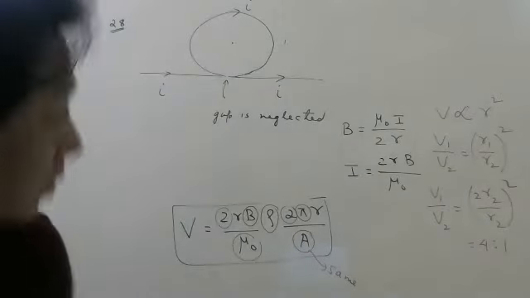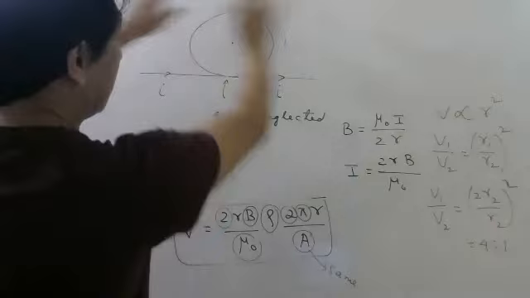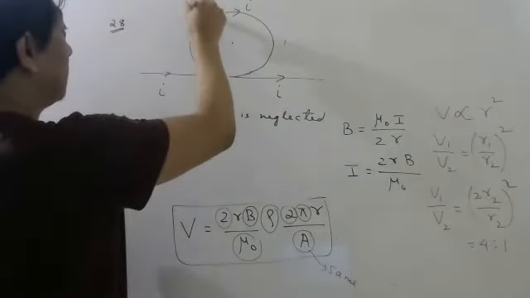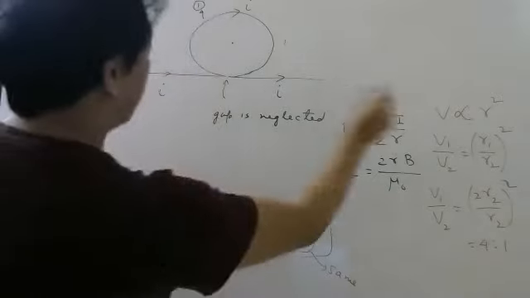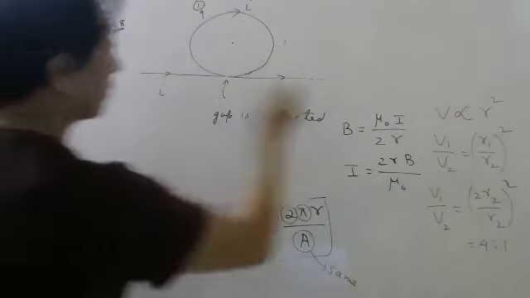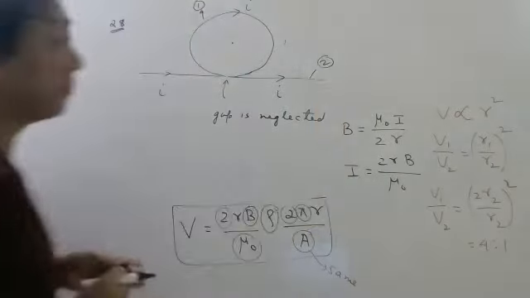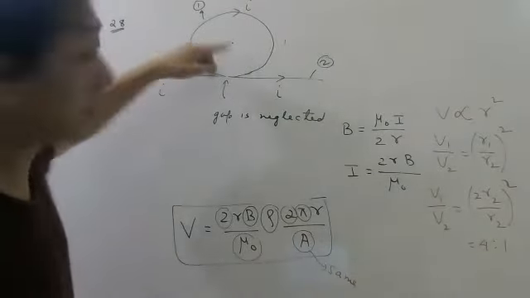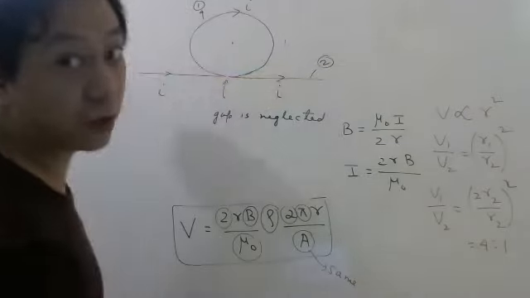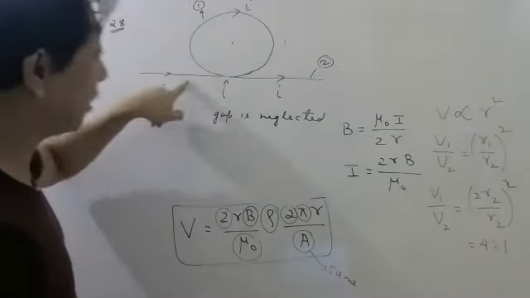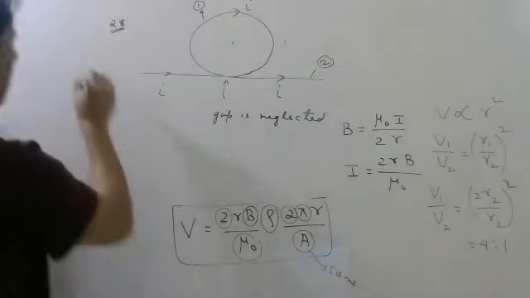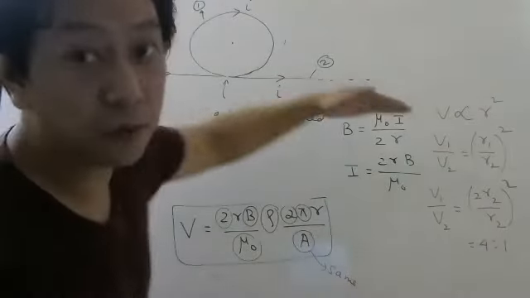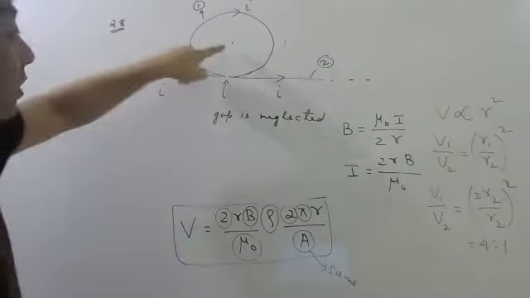Now you can consider this whole wire as two parts: one is this circle and one is this straight wire. This time please concentrate. This point where you want the magnetic field is not on this line. So this infinitely long straight wire will also produce a magnetic field here.